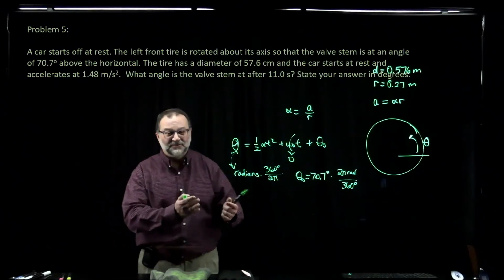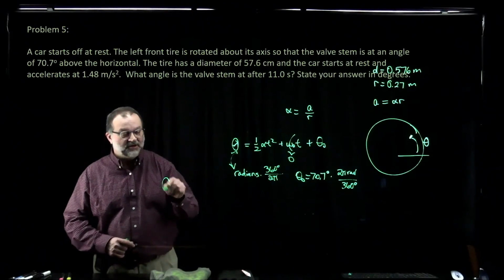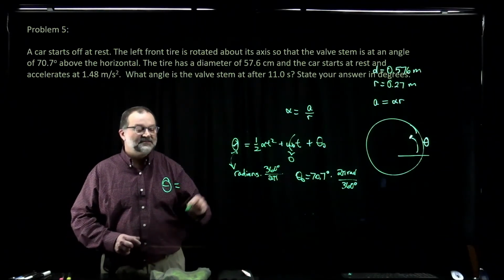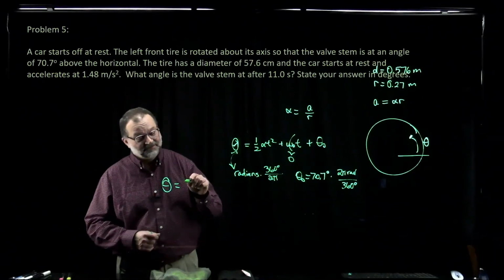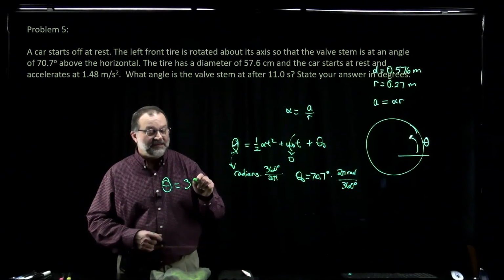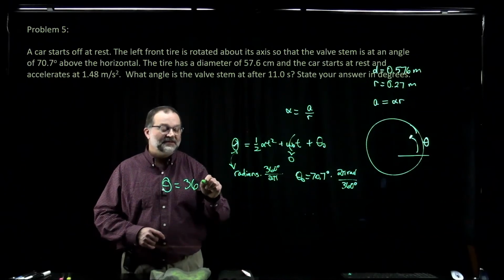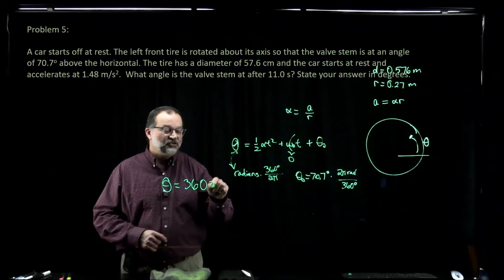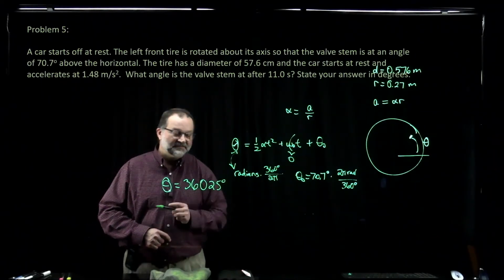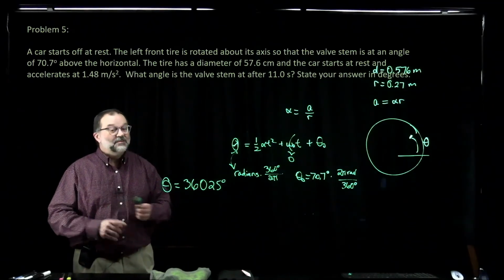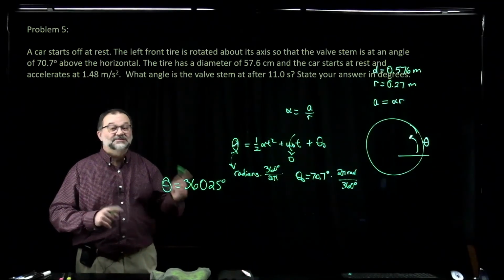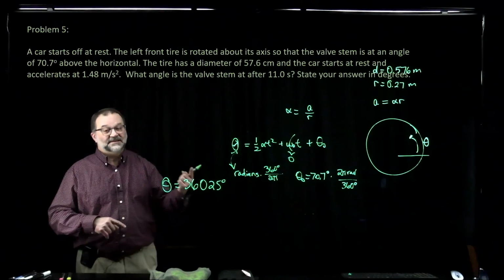You're going to get an answer that's something like, let me just make one up that I can do all the math in my head: 36,025 degrees. But I want an answer between 0 and 360.